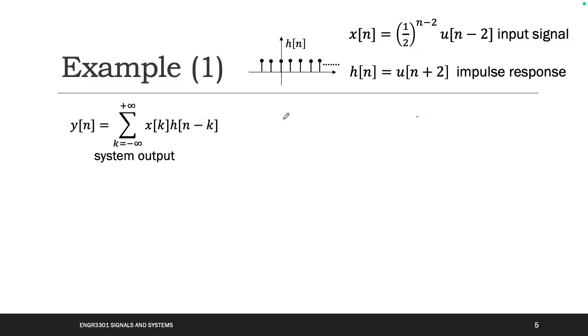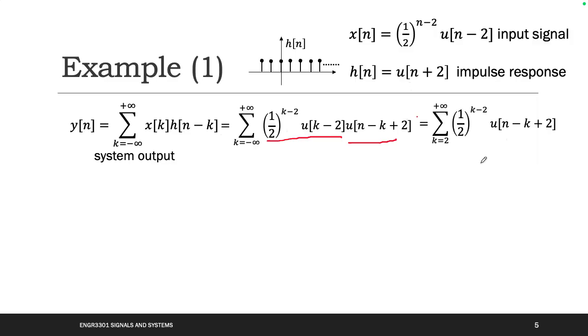From here, we put x[k] here and h[n minus k], because you can see this part is just x[k], you just replace n with k. And for here, you just replace n with n minus k. Am I right? And then this equation equals this equation.